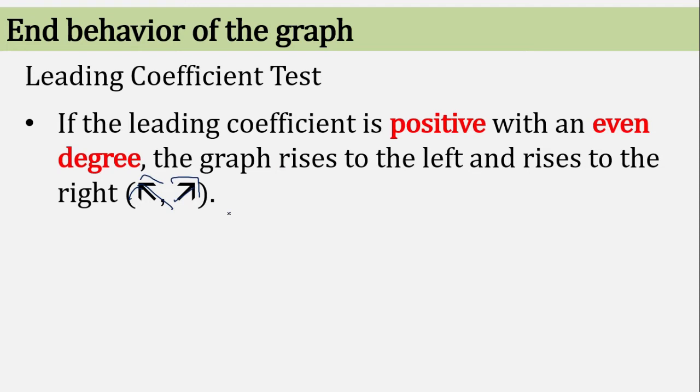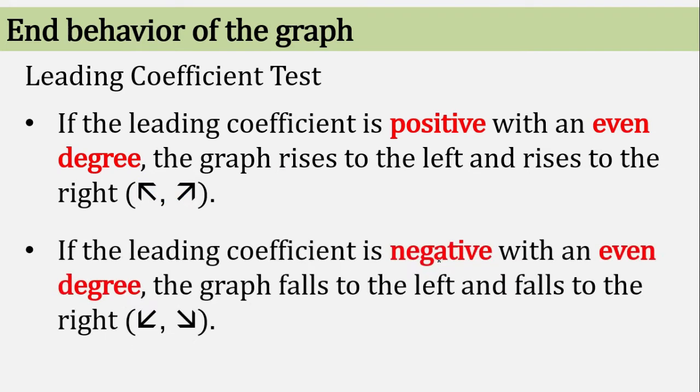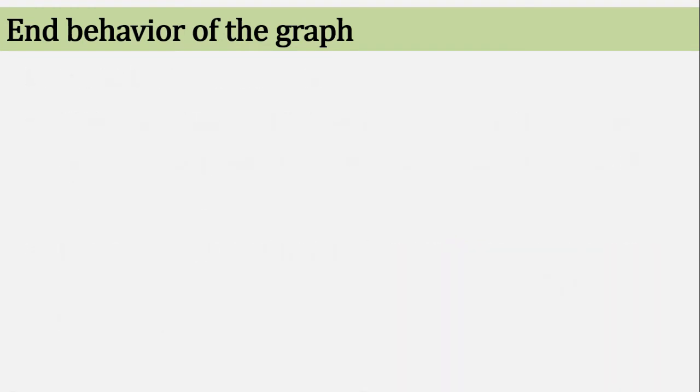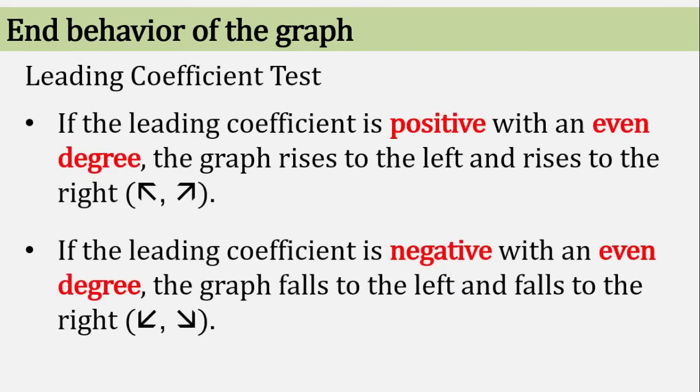On the other hand, if the leading coefficient is negative with an even degree, the graph falls to the left and falls to the right. So again, if it is positive and even degree, it will rise to both left and right. And if it is negative and has even degree, it will fall on both left and right.